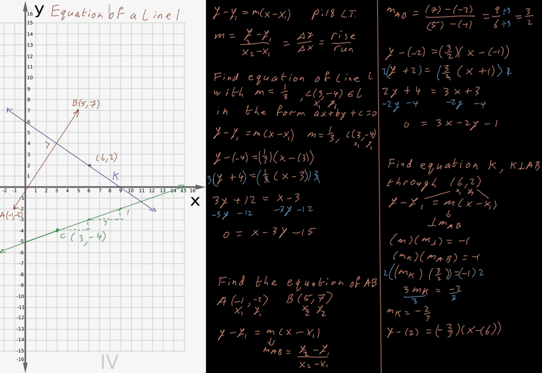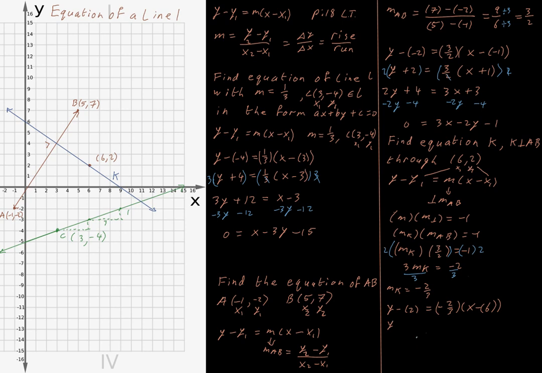And we tidy that up, and we get minus 2 is equal to minus 2 all over 3 on x minus 6. And we tidy up our equation the same way as we have before. And when we have tidied down, gotten rid of our fractions and rearranged into the form that we are looking at the moment, we have this for the equation of K.